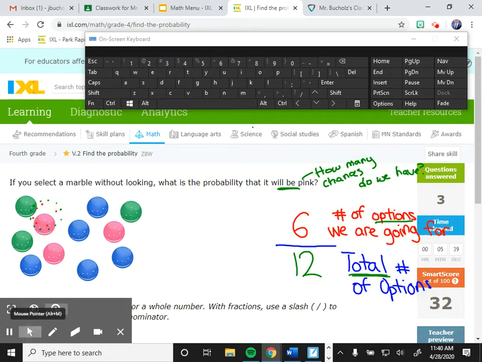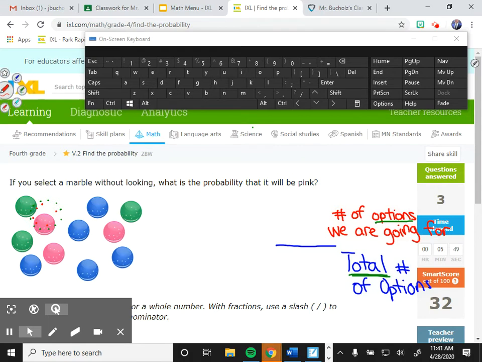Next up, if you select a marble without looking, what is the probability that it will be pink? I'm going to find our total number, so that means all the marbles.